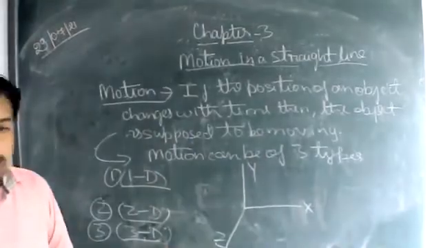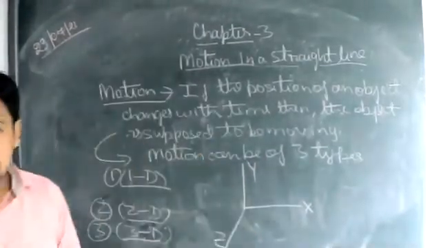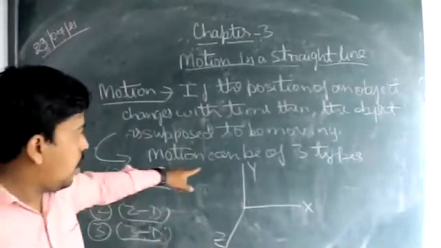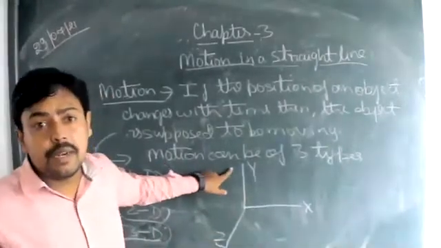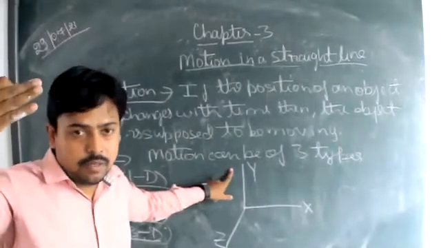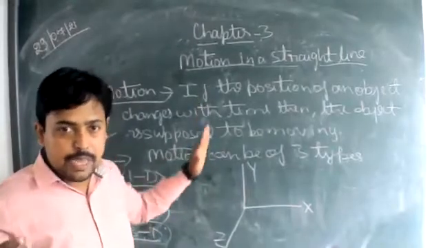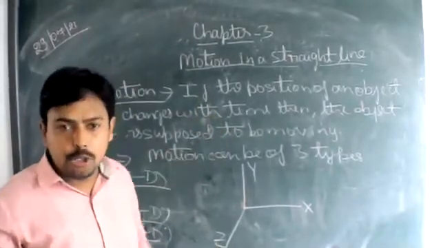XYZ planes only. Okay, there are some dimensions. These dimensions are not those dimensions which we studied in our previous lectures. Those dimensions were powers, but these dimensions show the direction of the motion.